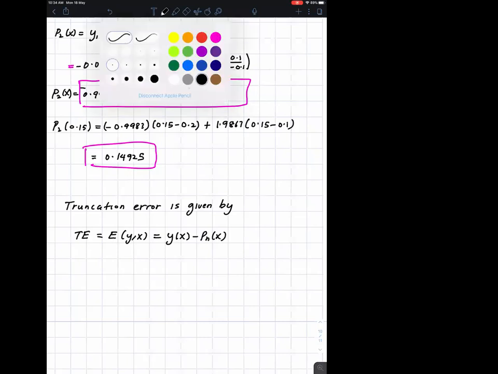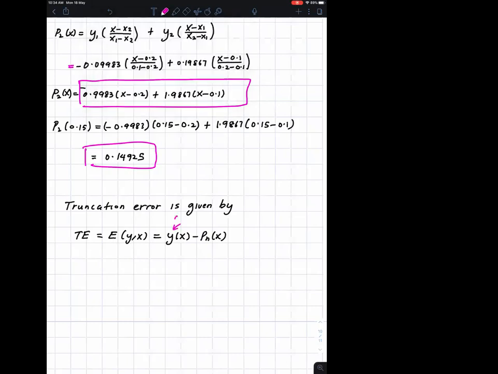But this is the actual, and this is the approximation.